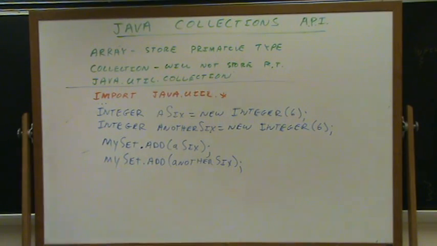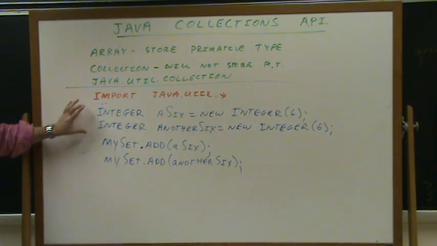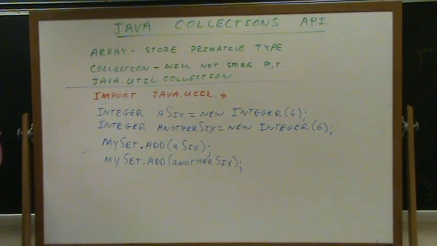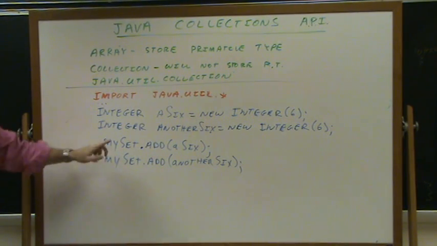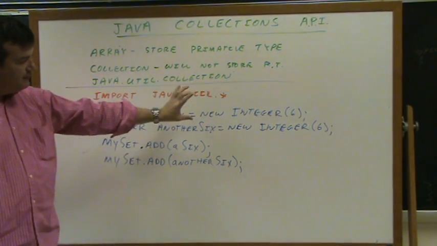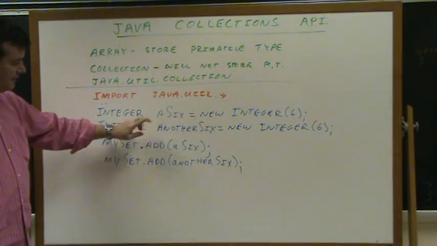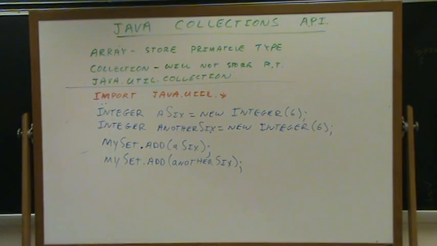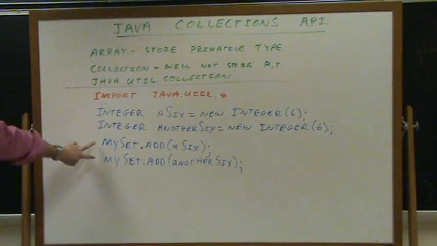So we're saying that sets do not allow duplicates. These are two different pieces of storage. Both of them have the value of 6. And then what ends up happening? Would they be considered equal? And if they're not considered equal, it would be added to the set.